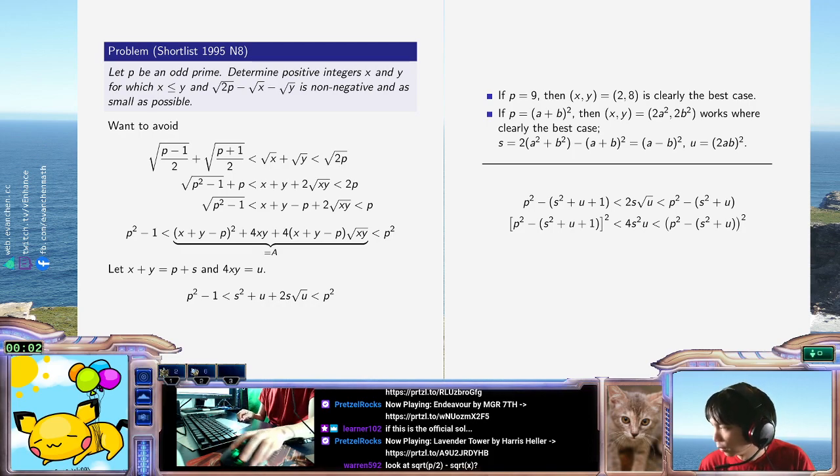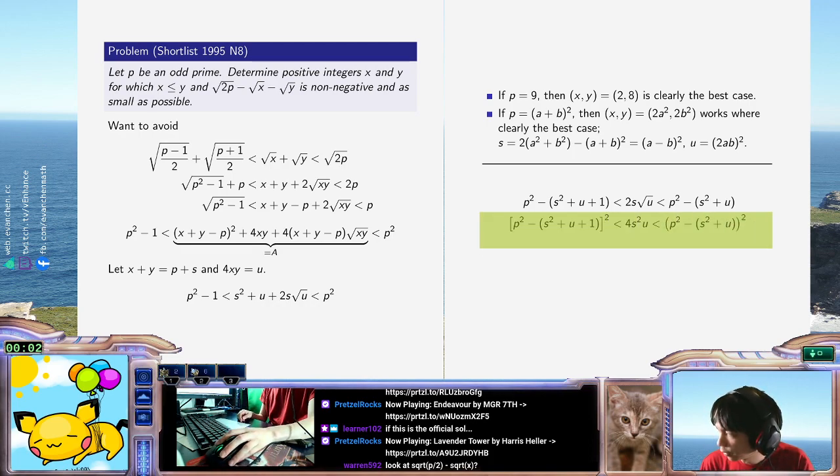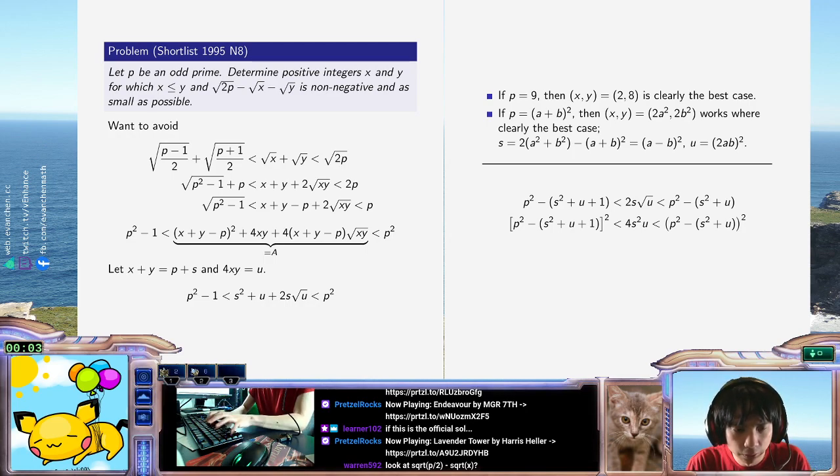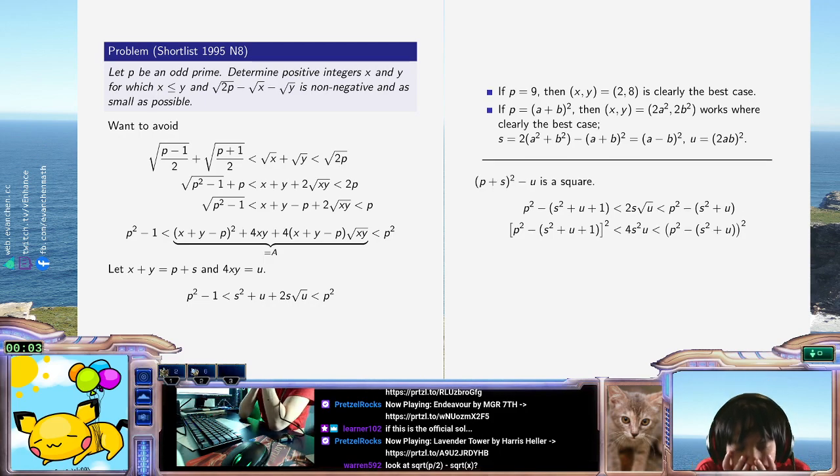Okay, so this is in terms of p, s, u, and my condition on u is that p plus s squared minus u is a square, which what the heck does that do? I don't freaking know.